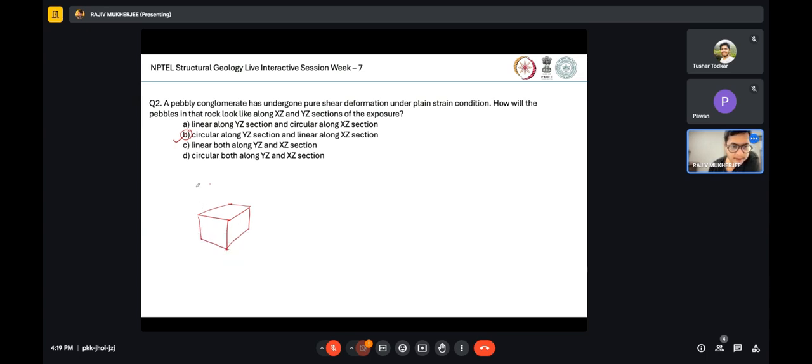This is z, this is x, and this is y. So this is your frame of coordinates, and now you are saying that you have applied plane strain condition. So plane strain condition means you will observe the deformation only along the XZ section. The deformation will be restricted along this section only.